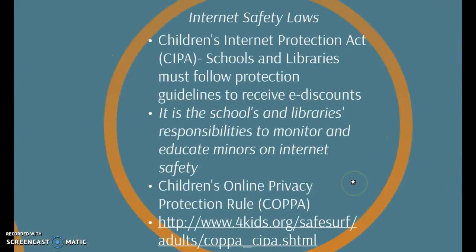Because of all these problems, the FCC has created some acts, such as the Children's Internet Protection Act, the CIPA, and the Children's Online Privacy Protection Rule, which basically mandates that schools and libraries discuss internet safety, to ensure that our youth know what we need to do and how to prevent predators online or bullying online, and how to stop that from happening.